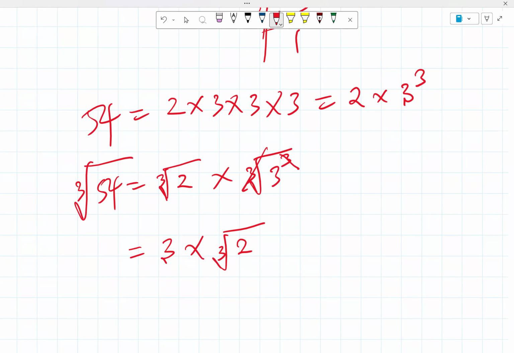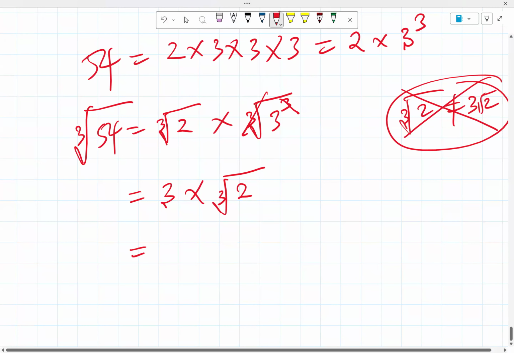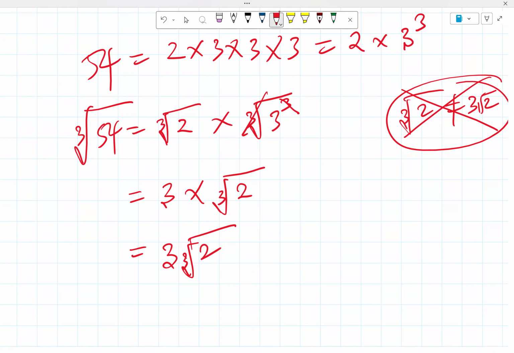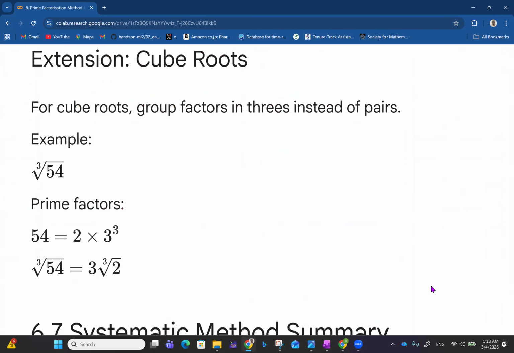Mind you, the cube root of 2 is not the same thing as 3 root 2, so watch out for that. The cube root of 54 is 3 cube root of 2. You can see the 3 is hung within the root sign, to show that it is a cube root. So that's how that goes.